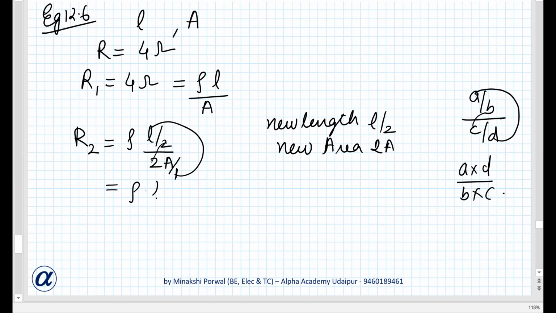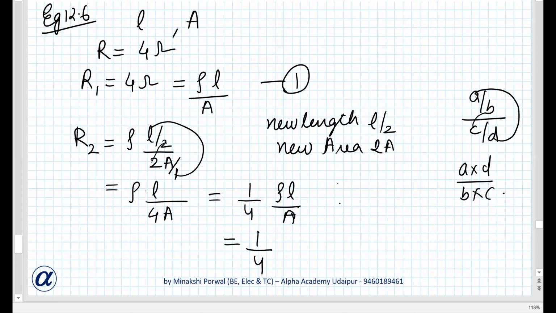So it will be rho L upon 2 into 2, 4A, or this can be written as 1 by 4 rho L upon A. Here we have seen that rho is the same, the substance is the same, so the value of rho will be the same in both. The value of rho L upon A is 4. So I am substituting rho L upon A from the first equation, into 4. So that is equal to 1 ohm. So R2 is 1 ohm.